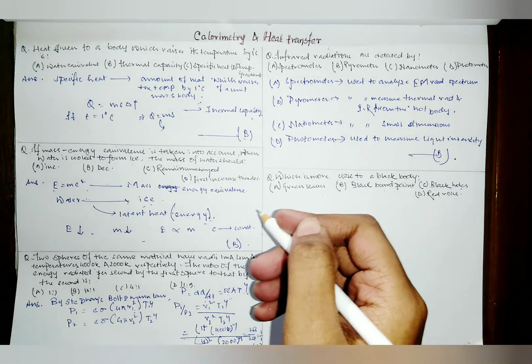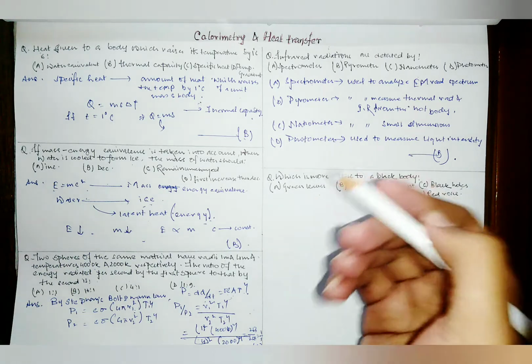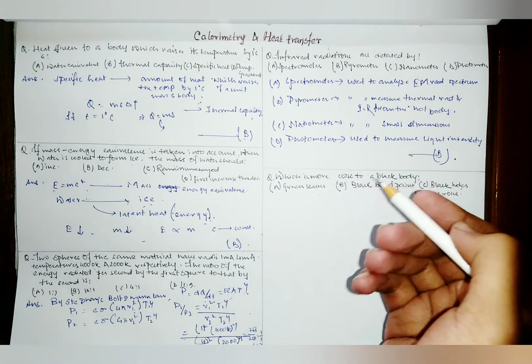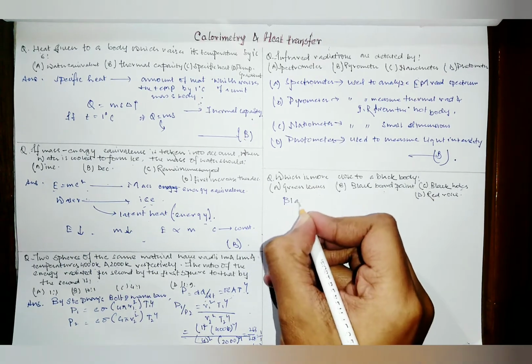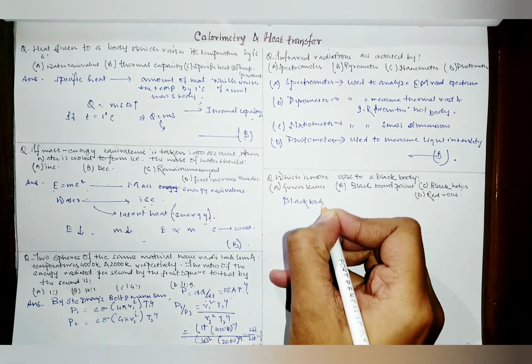So with the hope that you have tried and you have an answer in your mind, I'm going to say first by the definition of a black body. What is a black body?